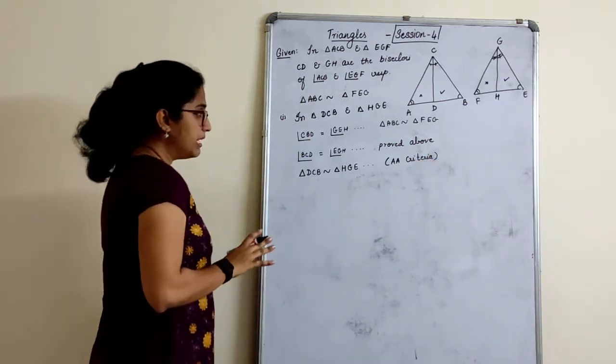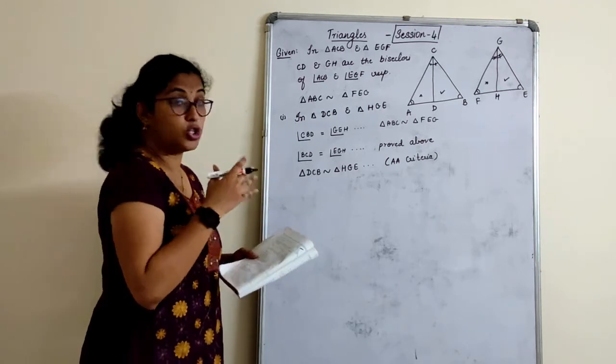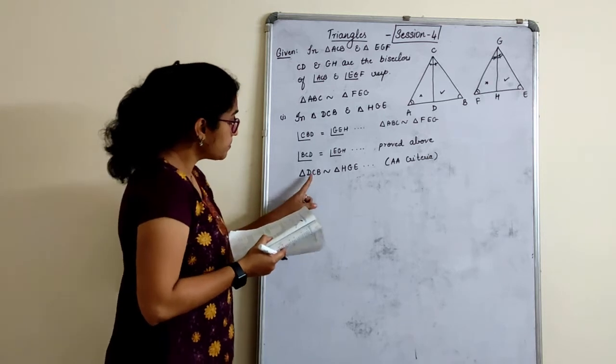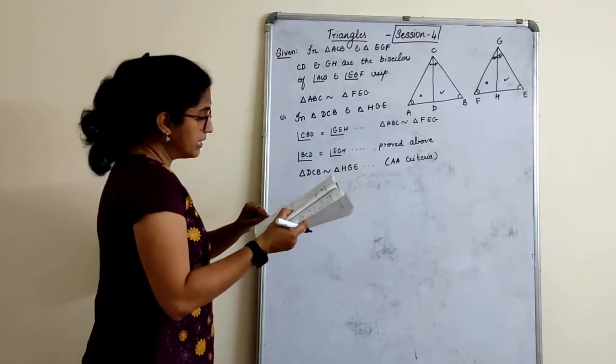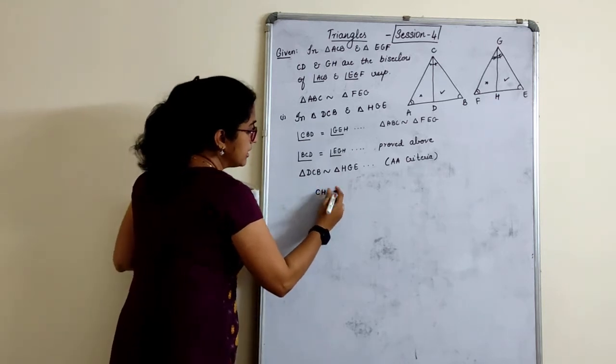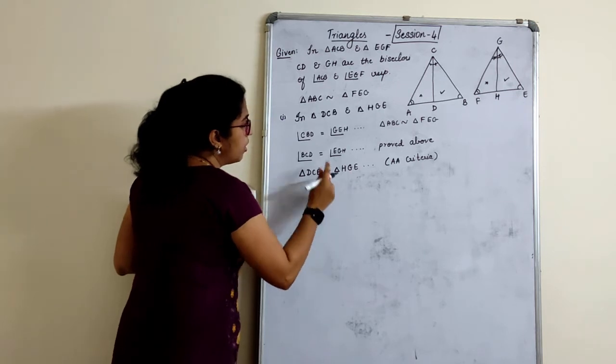Okay. Now by AA criteria, check whether you can prove the given sides are proportional or not from this. Only then we will write. Otherwise we will not write. Okay. CD, yes, it is there. CD upon GH we will get. I'll just write and show you. CD upon GH. You all know how to write, right?